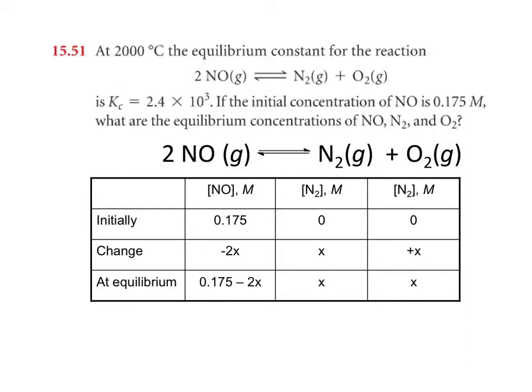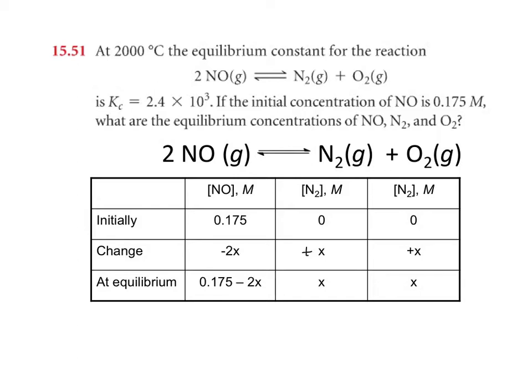In the previous slide, I called the change minus x, and each of the changes in the products plus x over 2, or 1/2 the value of the x moles of NO lost.